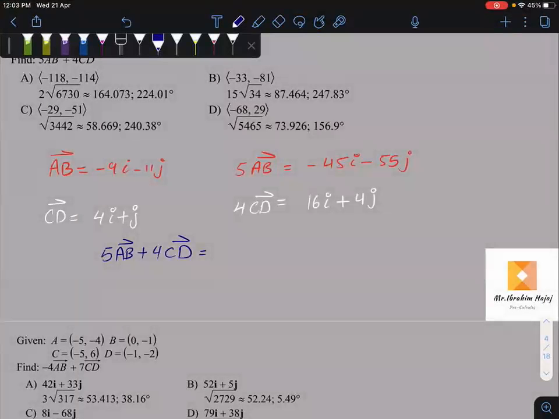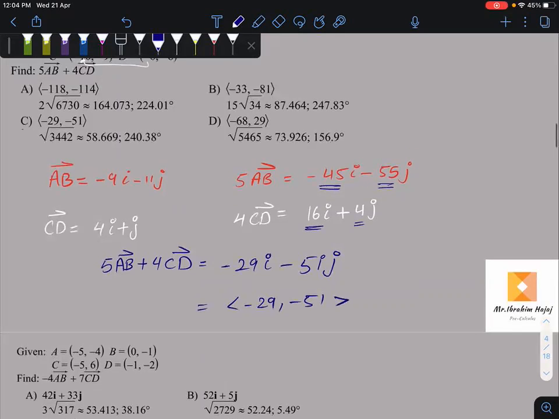Okay, guys, let's continue here. 5AB plus 4CD is equal to, we will add here, yes, negative 45 and the i-component of 4CD, and we will add negative 55 and 4. So it's a negative 29i and negative 55 plus 4, which is negative 51j. Okay, we can write it again as (-29, -51) as well. So it's clear here that it's a C.